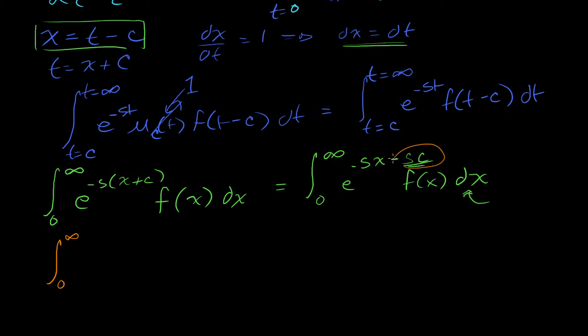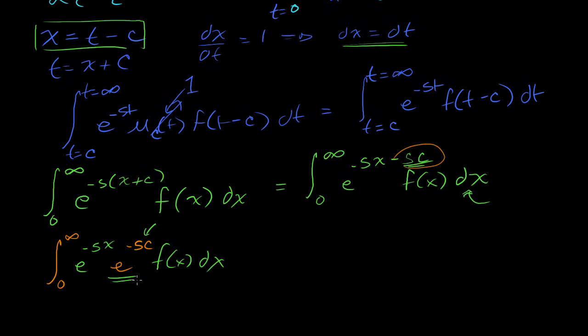0 to infinity. I'll write it as e to the minus sx times e to the minus sc, right? Common base. So if I were to multiply these two, I could just add the exponents, which would give you that up there, times f of x dx.